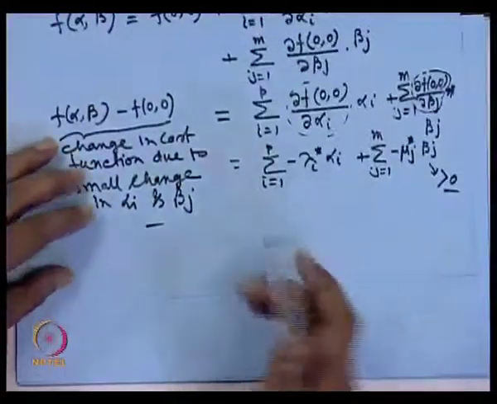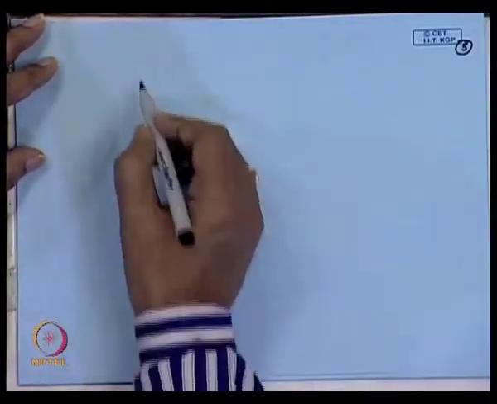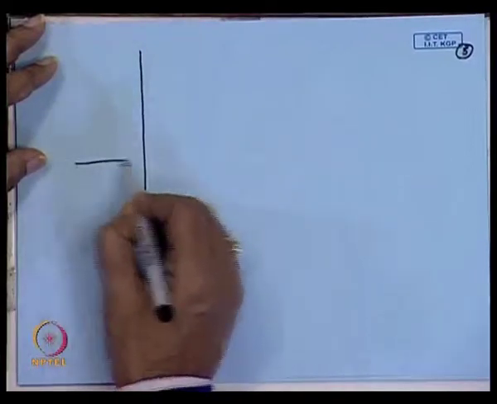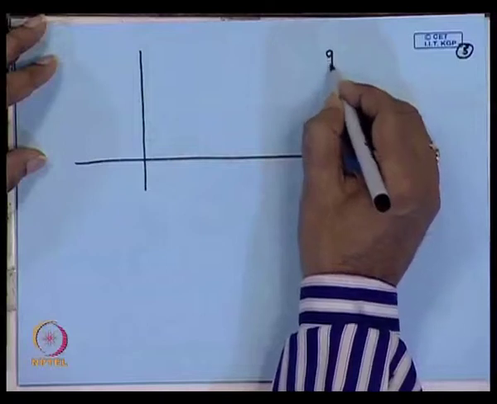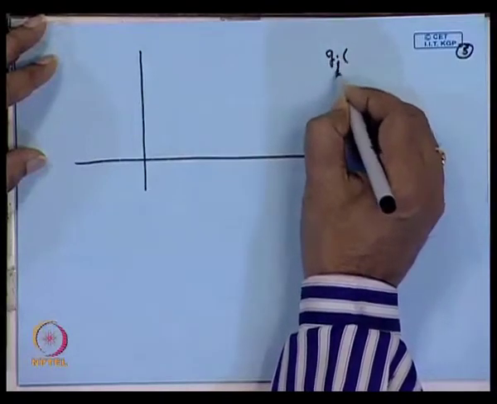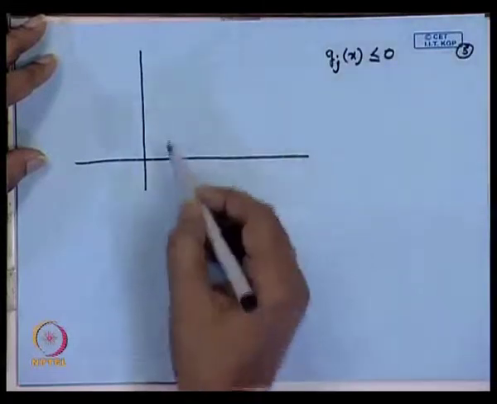So, just like if you see this one, according to our original problem, we consider that g j of x is less than or equal to 0.